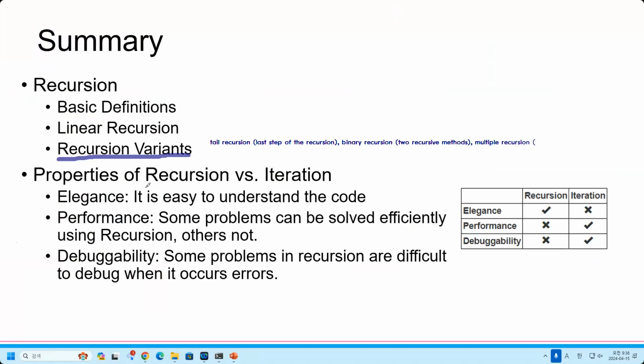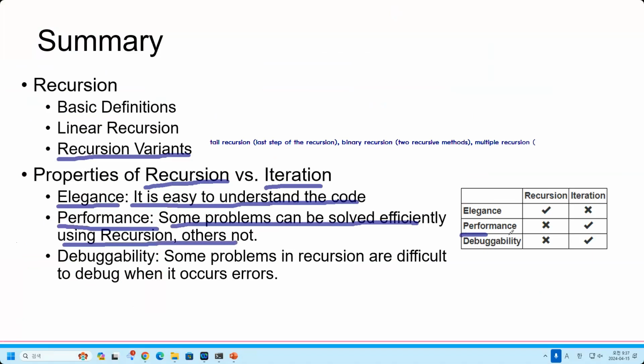So what is the difference between recursion and iteration? Recursion is elegant. What is the meaning of elegant? Some people say that it is easy to understand the code because you can just look at the repetition. For performance, some problems can be solved efficiently using recursion, but others not.